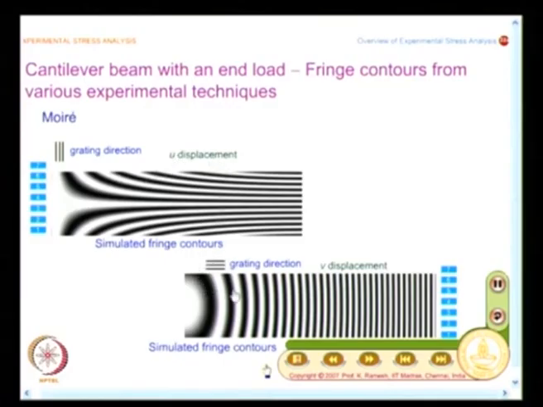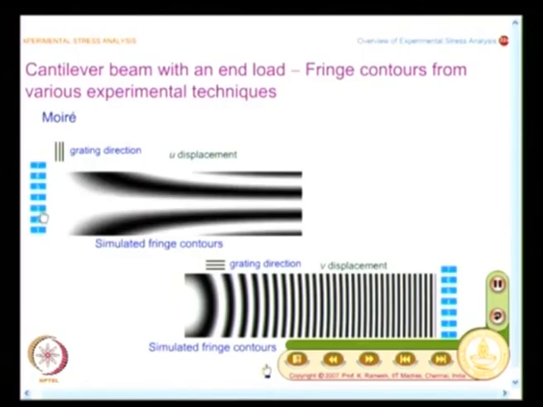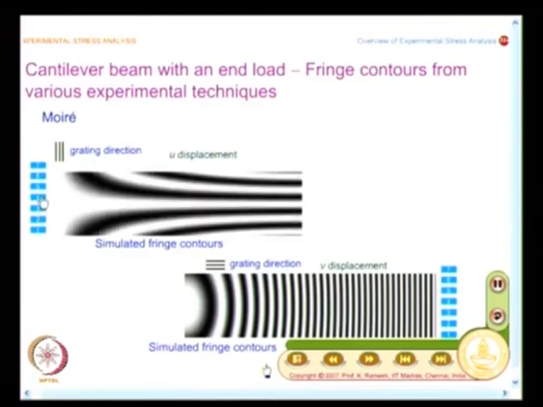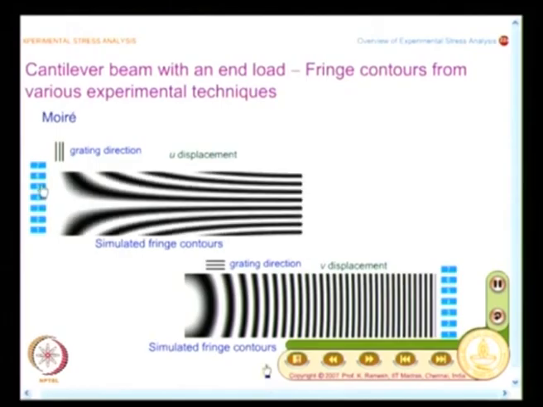Knowing this grating direction it is possible for you to say this is v displacement, and you also have a feel of doing the experiment by seeing what happens as a function of load. I gradually increase the load and more fringes get formed, and you could make a simple sketch of it.